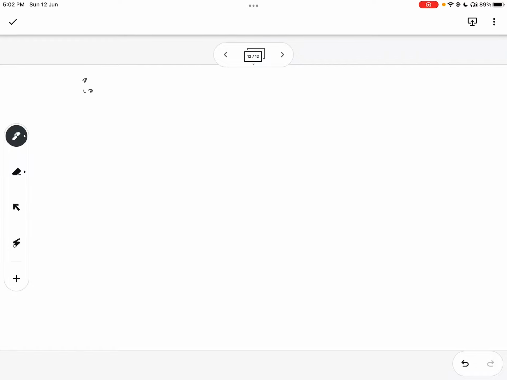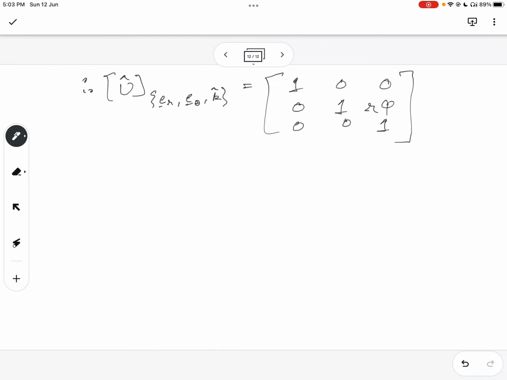Therefore U hat can be calculated in the same basis as [1 0 0; 0 1 r psi; 0 0 1]. This is the form of a simple shear. This we have already seen in the lectures as an example.